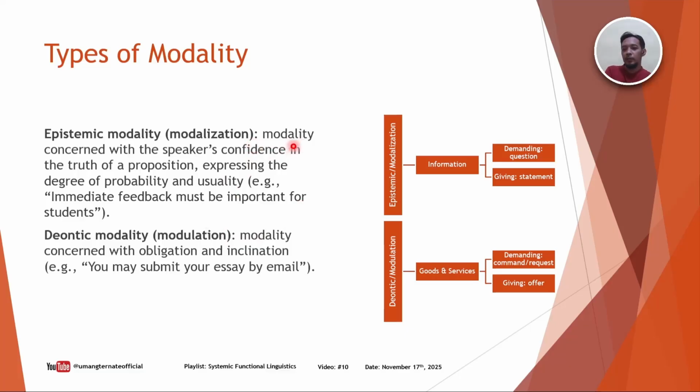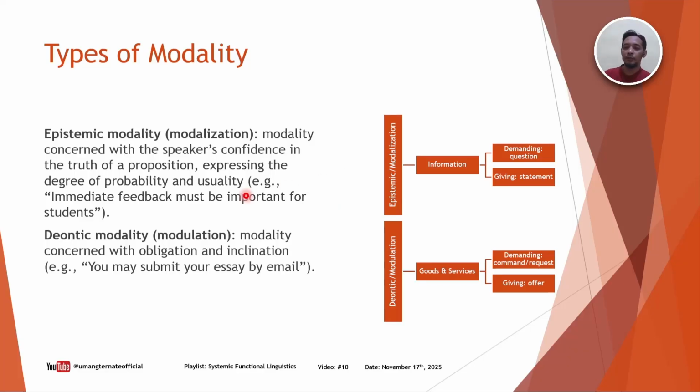The epistemic modality is a modality which is concerned with the speaker's confidence in the truth of a proposition, the truth value of the clause, expressing the degree of probability whether something is or is not, and usuality, the frequency of the happenings or the goings on of an event, for example.